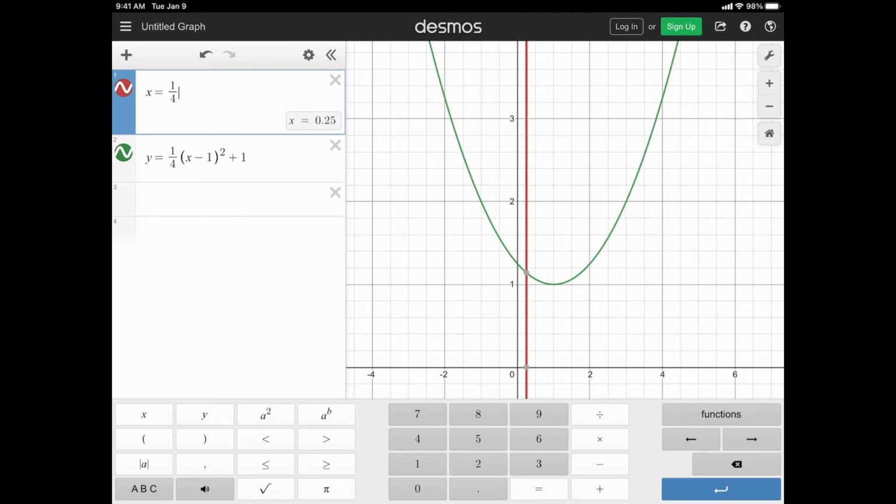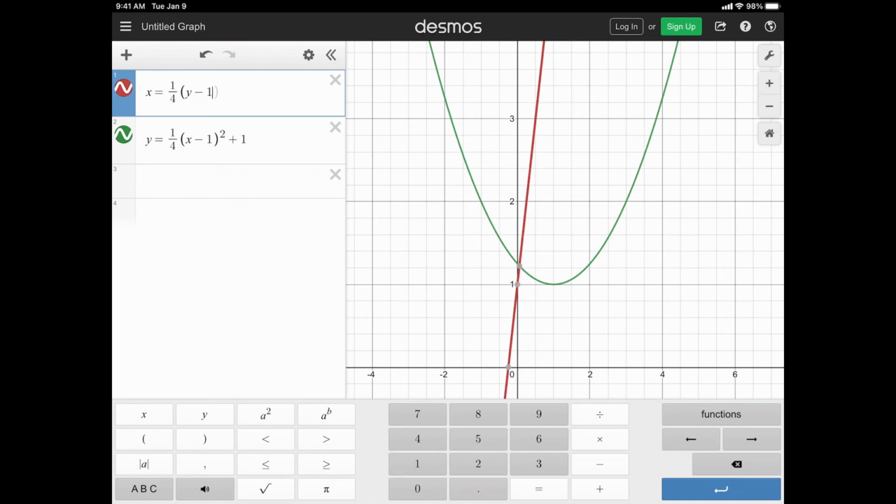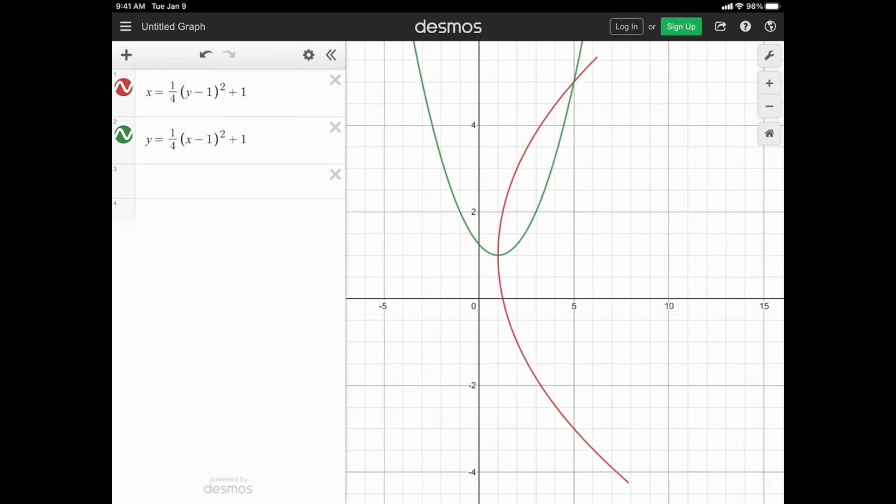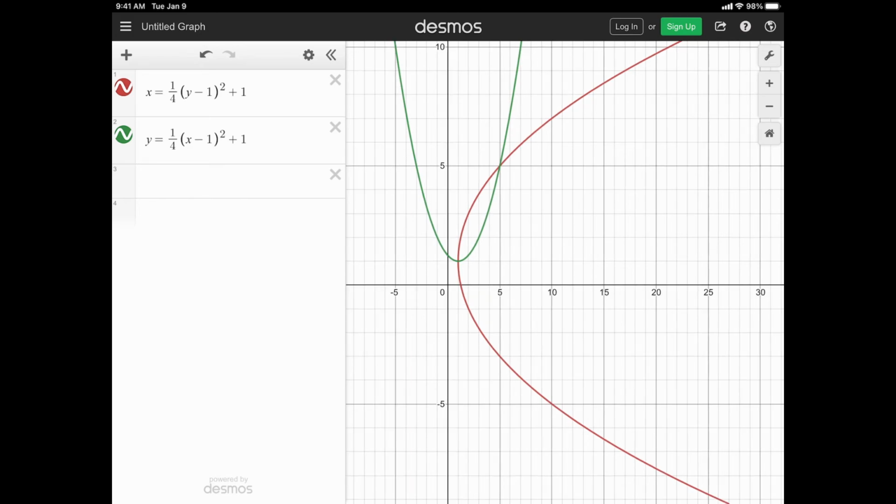In this case, this will be y minus 1, close the parentheses, squared, plus 1. Intersections will be 1, 1 and 5, 5.